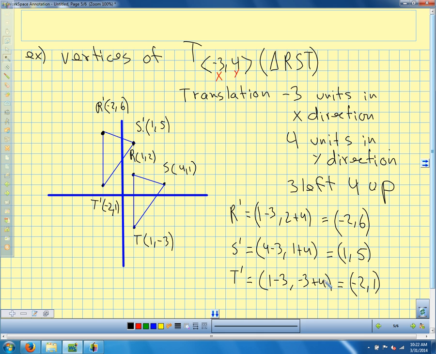So when we have graphs, counting squares is usually easiest, but you can do it this way. So let's do one where we're going the other direction, where we have our graph, we have our image and our pre-image, and we want to figure out the rule.